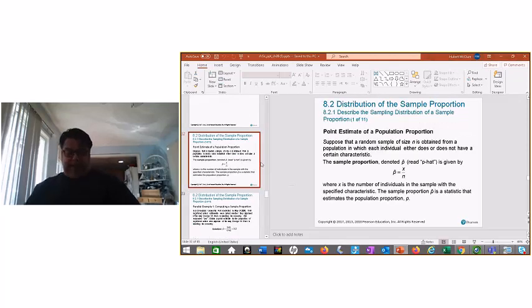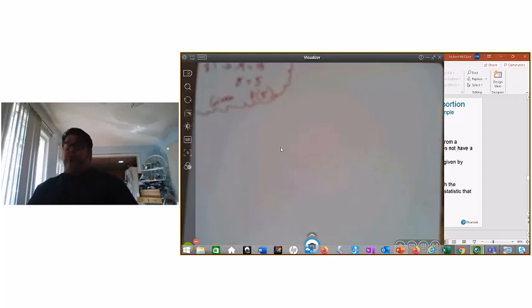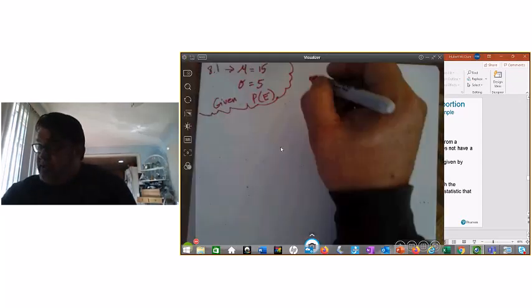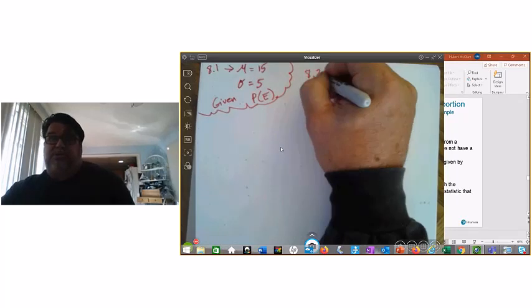P hat. Now in 8.1, we were dealing with the mean equal to 15 and the standard deviation equal to 5. We were given this, and we were asked to find the probability of some event. Capiche? Okay, in 8.2, you're not going to be given a mean and a standard deviation.